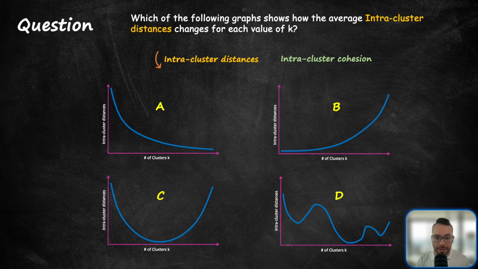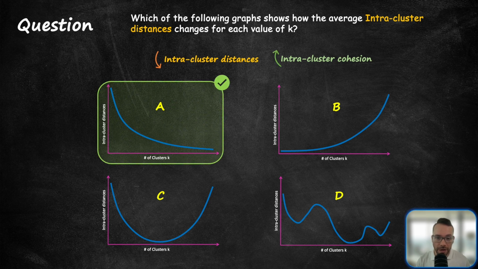Or I can also say improving intra-cluster cohesion. And that will give us graph A. So when we increase the value of k, when we have more clusters, the odds are the data points in each cluster are more similar to each other. That's for sure.